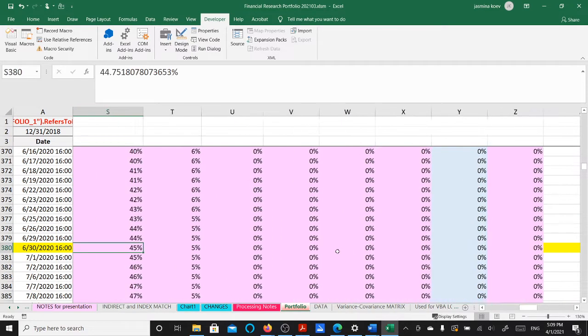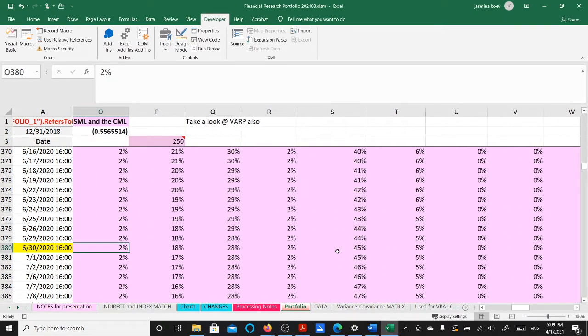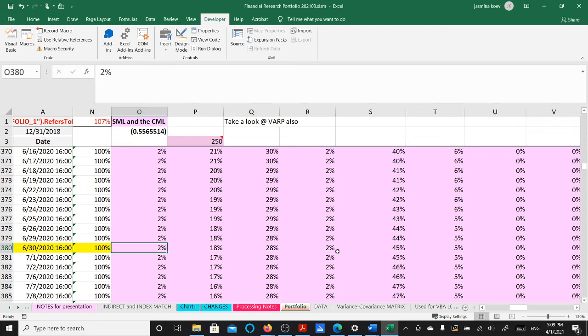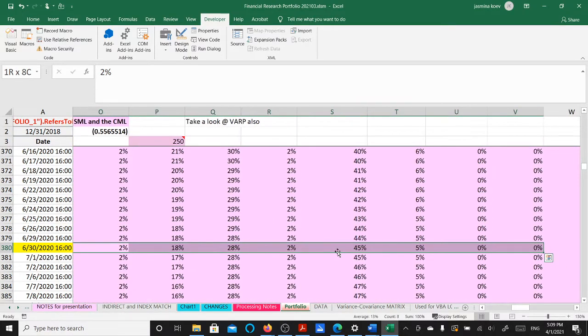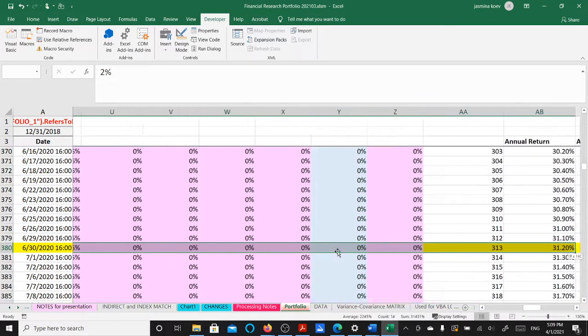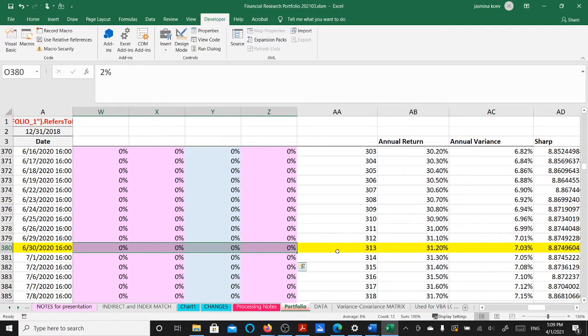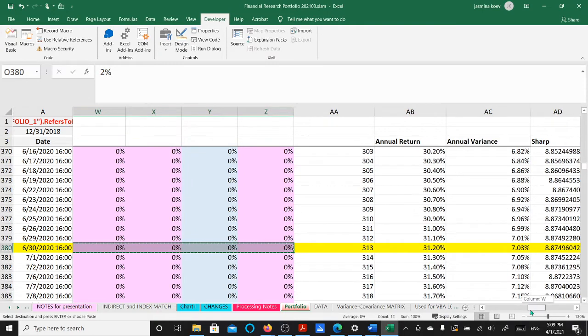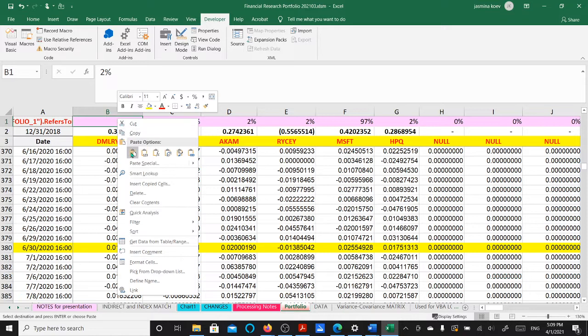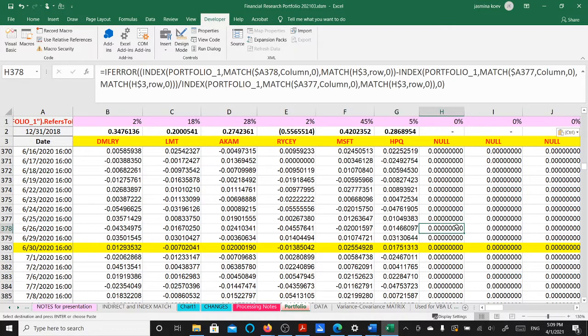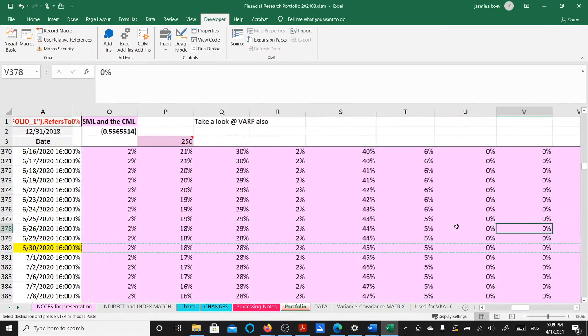What I could do is shift and right arrow all the way across. This seems to be the most efficient portfolio. Gonna go up here, copy and paste, and then take a look at my results.